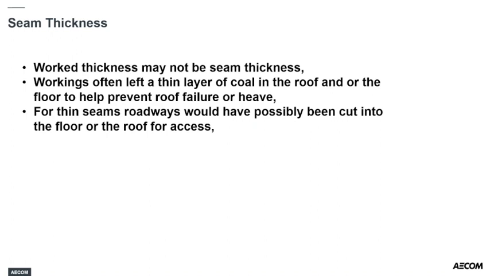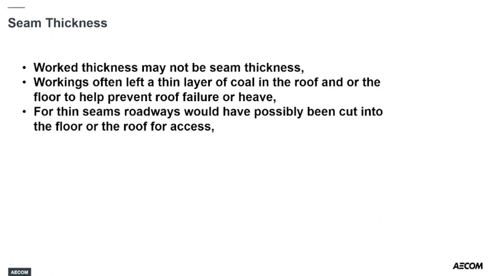Now, when workings were progressing underground, obviously the coal was taken out wherever possible, and support was left in place. Roadways were required for pit ponies and people working in the mine to push tubs around with coal in or haul coal around. So quite possibly, if you've got a thin coal seam, the worked area might actually be greater, because for the roadways we might have increased the height and dug up into the roof rock, or dug down into the rock below.